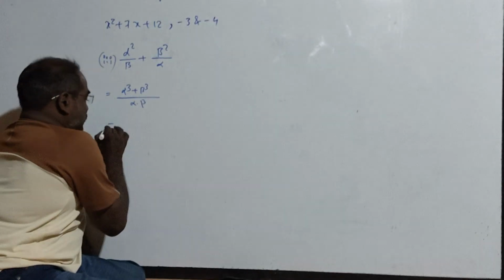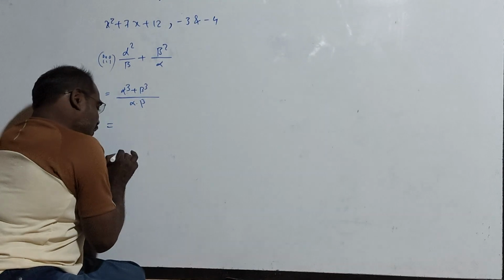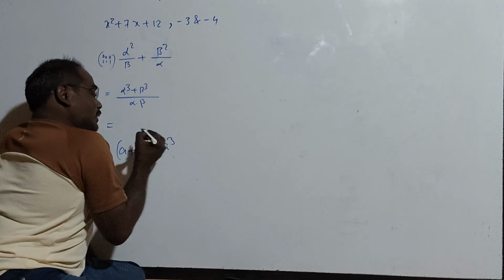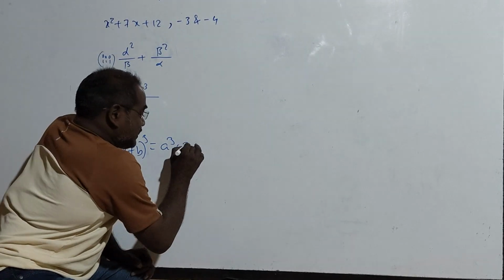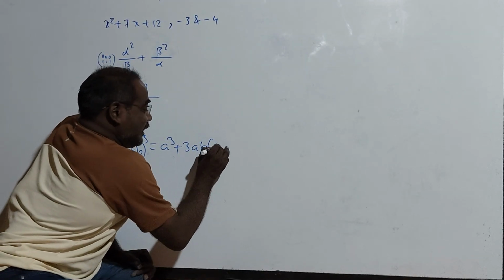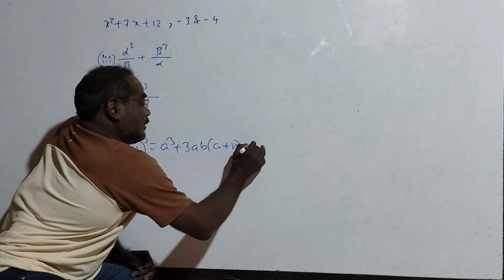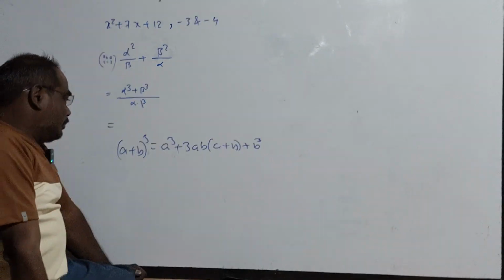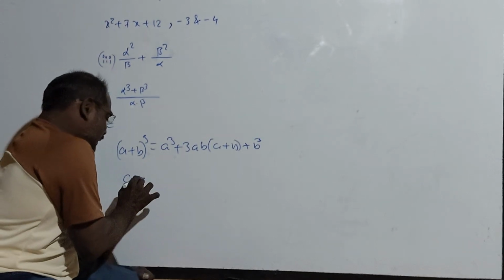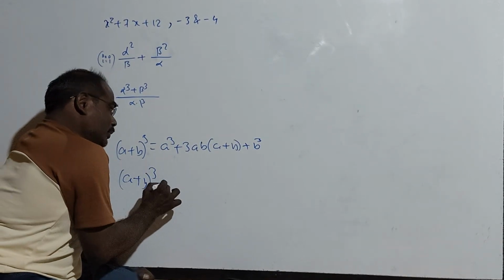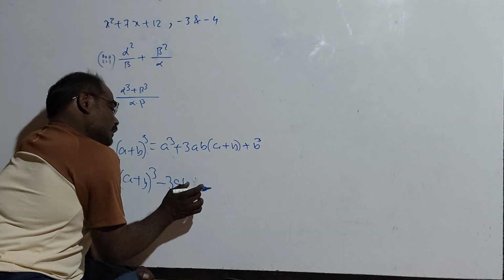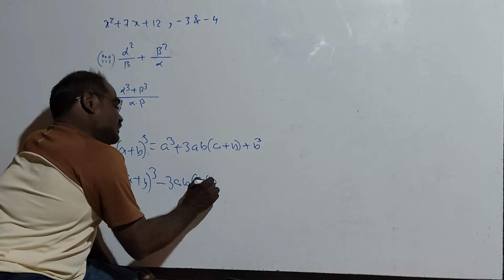Right? So a plus b whole cube is equal to what? a cube plus 3ab into a plus b plus b cube. We need what? a cube plus b cube. Means what? a plus b whole cube minus 3ab into a plus b.